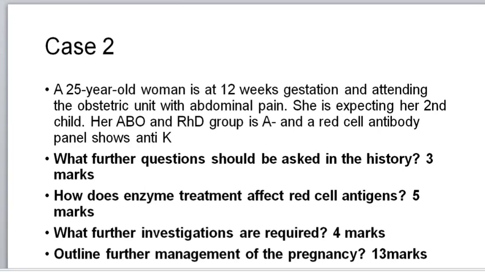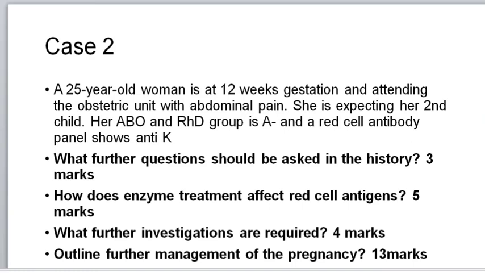They can also ask you what is quantification, what is titration. They can give you a single antibody, for example, anti-K here. They can give you multiple antibodies, maybe an anti-E or anti-D combination. They can ask you what are the indications of fetal medicine unit referral.